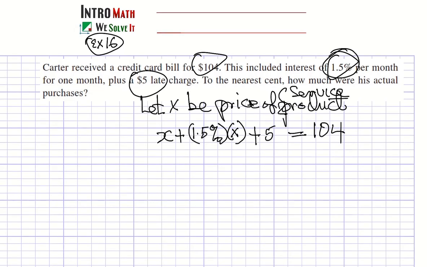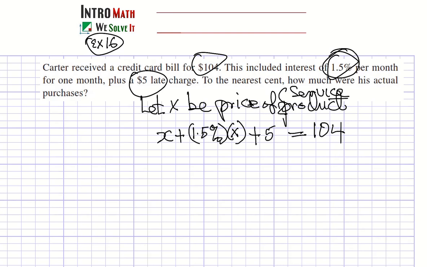See, the way I like to deal with that, it says 1.5. That's 1.5 over 100. When I'm dealing with percent, it's over 100. So I'm gonna write it the way I like to write it. It's gonna be a little confusing. 1.5 over 100.